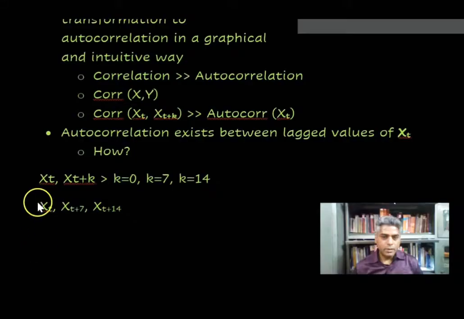The AAPL daily time series can be represented by xt, and the subsequent lagged value series by xt plus k. If we substitute the values of k, we get xt, then xt plus 7, and then xt plus 14.